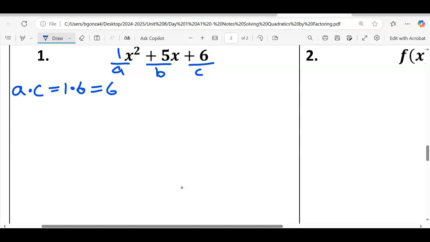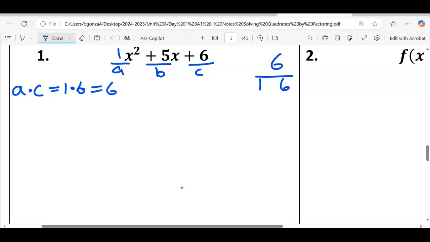6. Cool. Now, off to the side, I'm going to make a little table of factor pairs. What multiplies to make 6? And always start with the easiest one. Start with 1. 1 times 6 is 6, right? We all hopefully know 1 times any number is the same number.